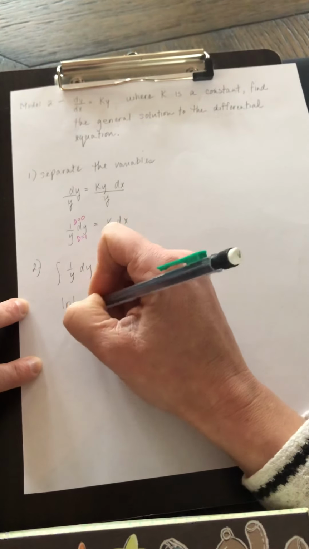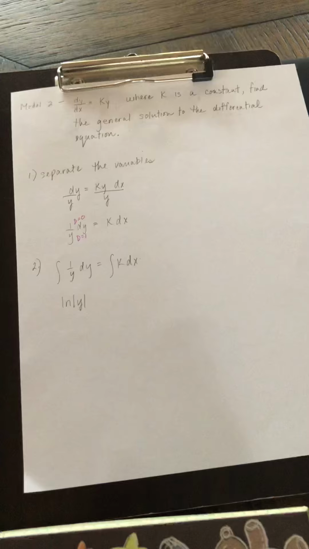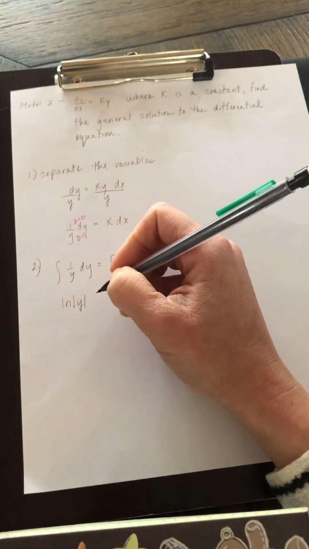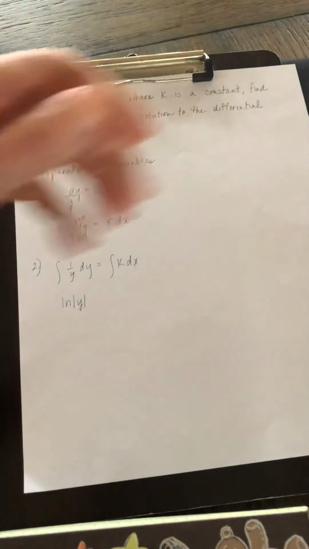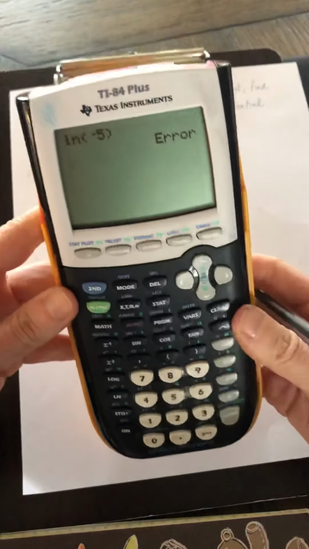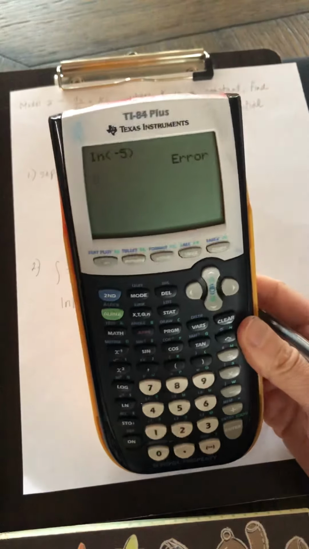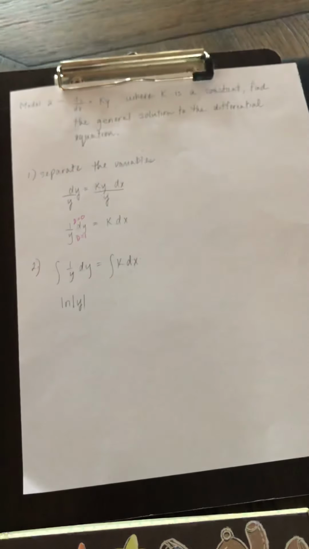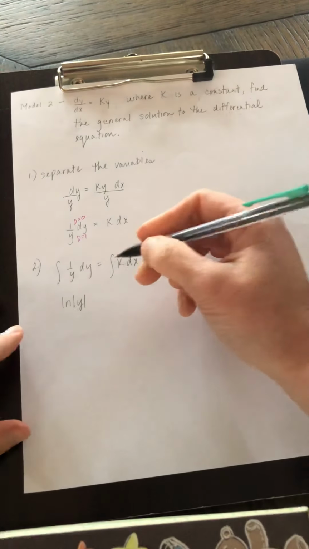We're going to remember to put it in the absolute value symbol now, as opposed to just the parentheses. And the reason why we're doing that is you can't take the natural log of a negative number, so the absolute value sort of reinforces that.